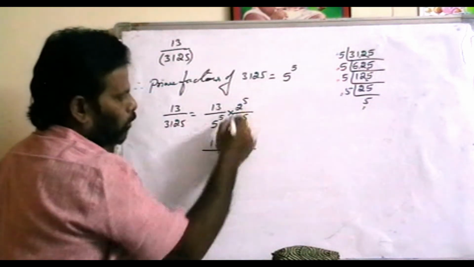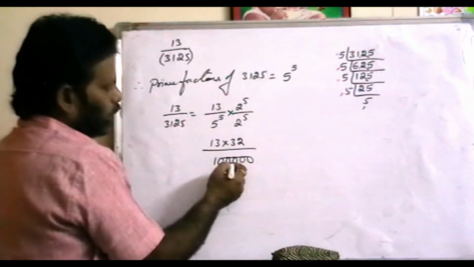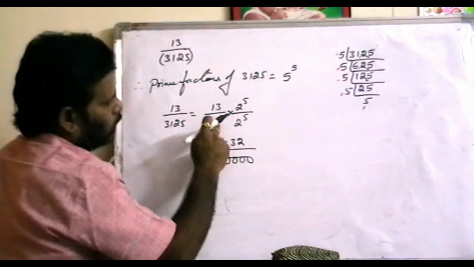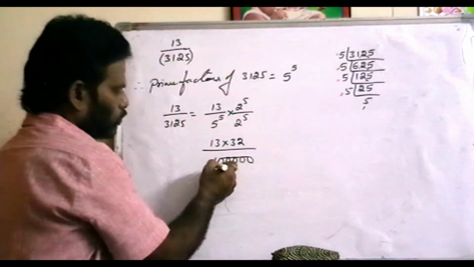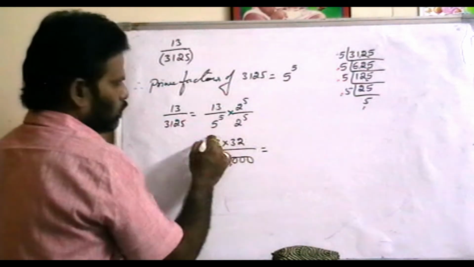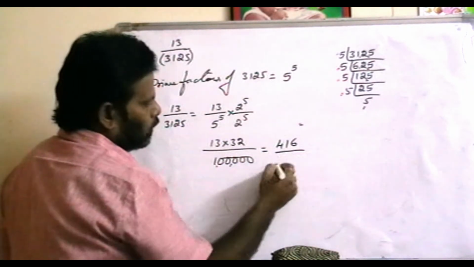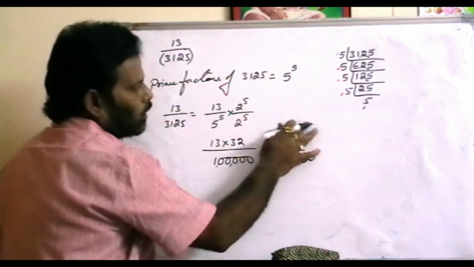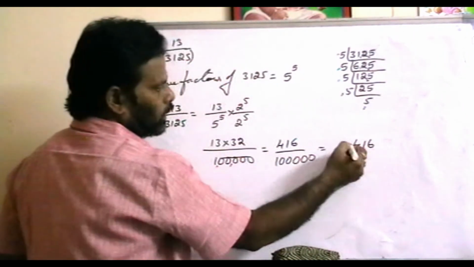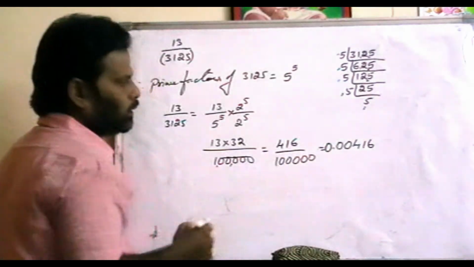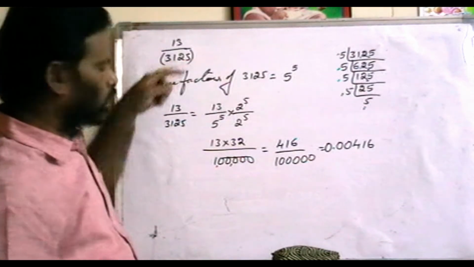That is 10 power 5, 5 zeros, which is 1 lakh. 13 into 32: 13 twos are 26, 13 threes are 39, 39 plus 2 is 41, so 416 by 5 zeros. After 5 digits we have to keep the point. Here only 3 digits are there, so we keep 2 more zeros before that. So 0.00416 is nothing but 13 by 3125.